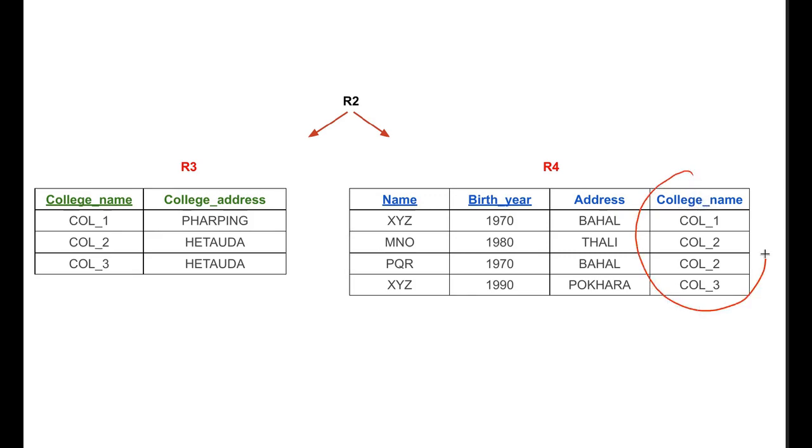We need college name here because we need to know which student is admitted to which college. So this attribute must be here. Now these two tables are in 3NF, because now we cannot see any transitivity here.